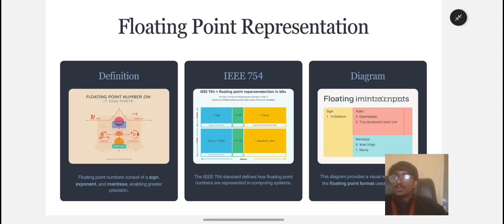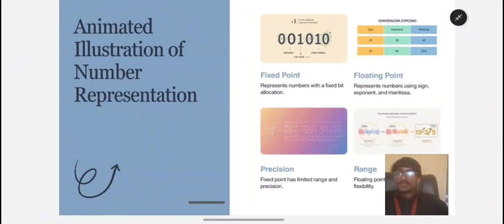A floating point number consists of a sign, exponent, and mantissa, lending greater precision. You can see the diagram which consists of mantissa, exponent, and sign in floating point representation.